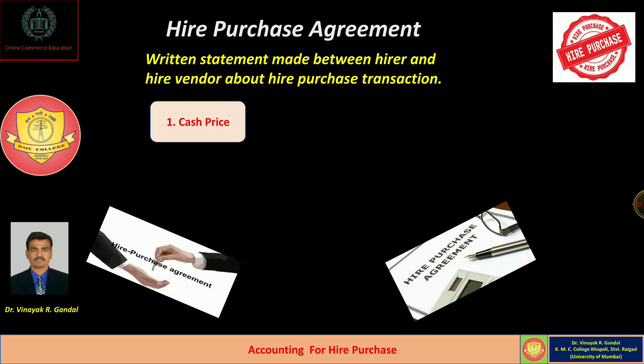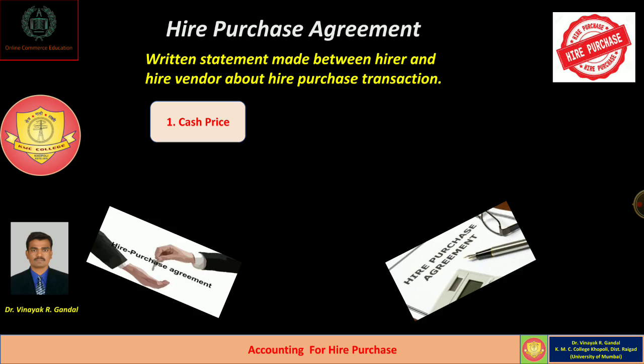Okay, so the first content is called cash price. When we talk about hire purchase agreement, it is necessary to understand the cash price, which means the description about cash price is to be mentioned in the agreement. Cash price is the purchase price payable by the hirer to the hire vendor if full payment is made immediately.